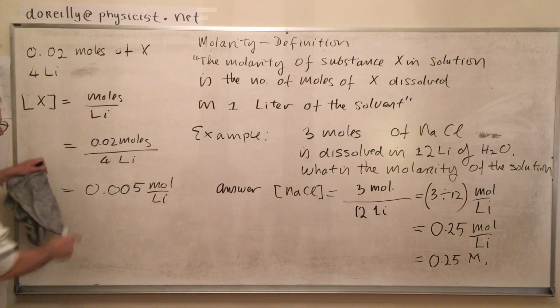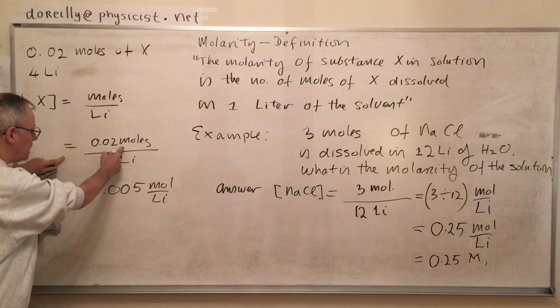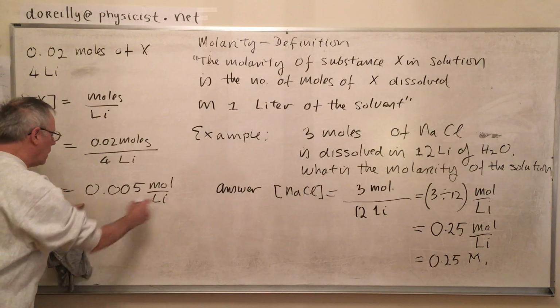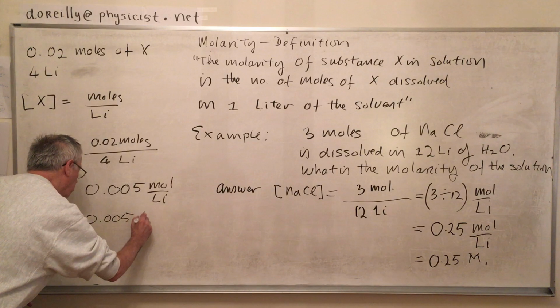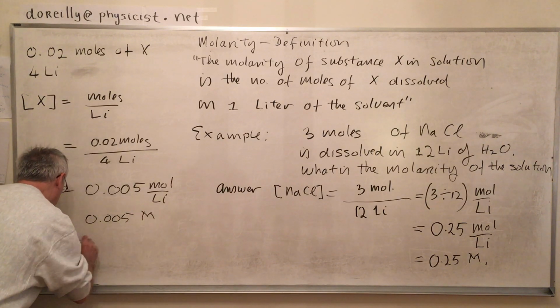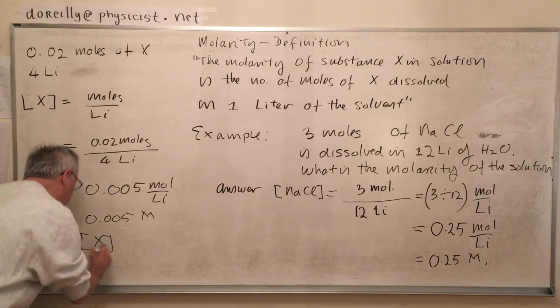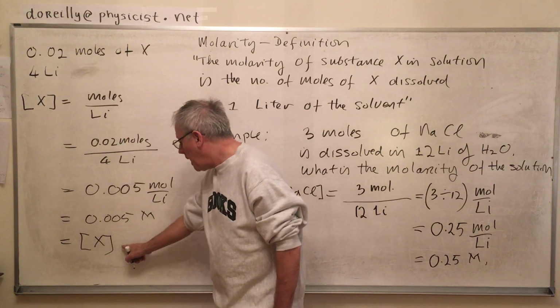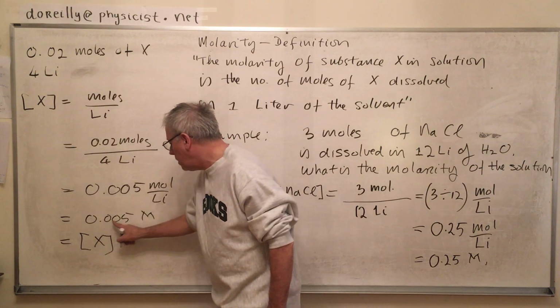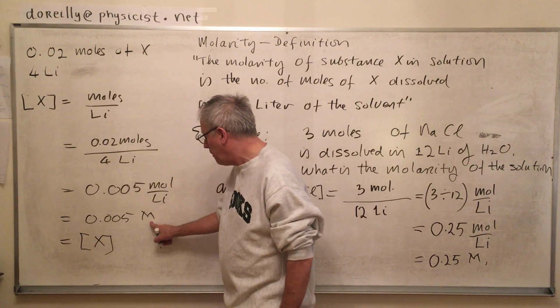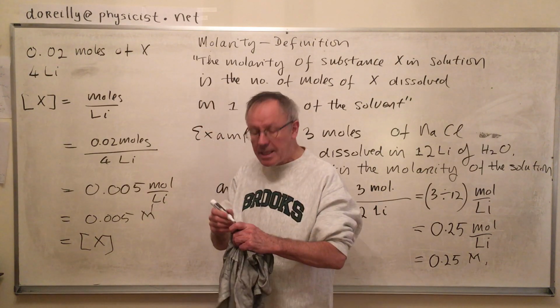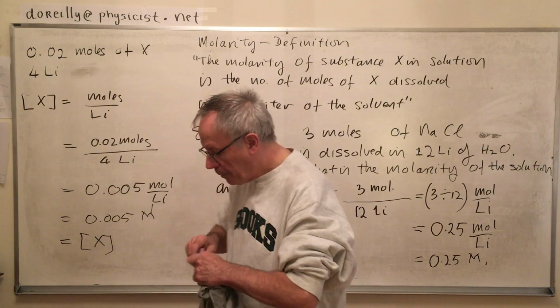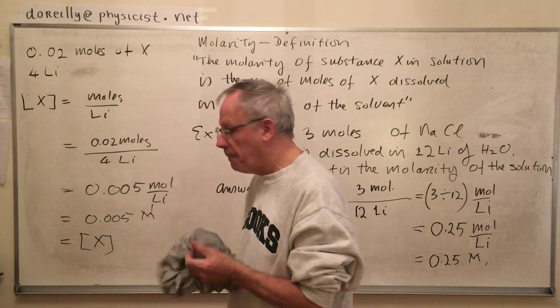In other words, you have 4 litres with this much in it, only this much in 1 litre. And we'll use the notation: substance X, its concentration is 0.05 moles per litre. Moles per litre, moles per litre, those things mean the same thing. That's molarity. Now let's do something slightly different.